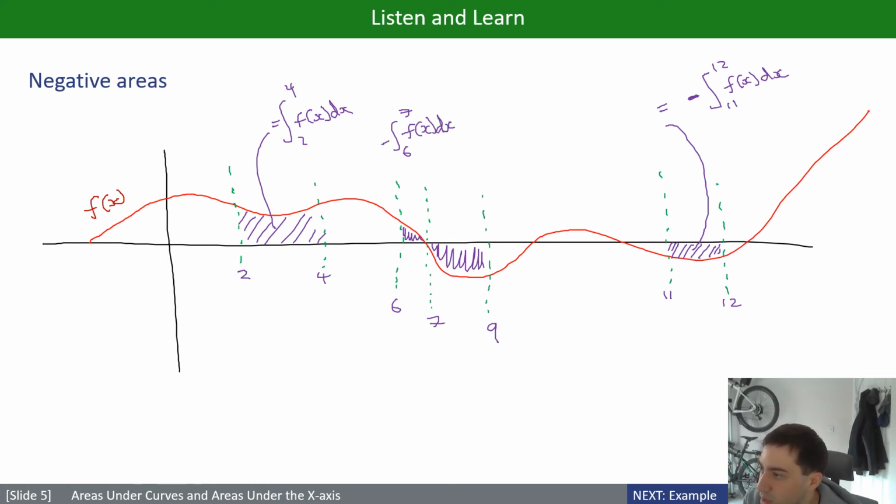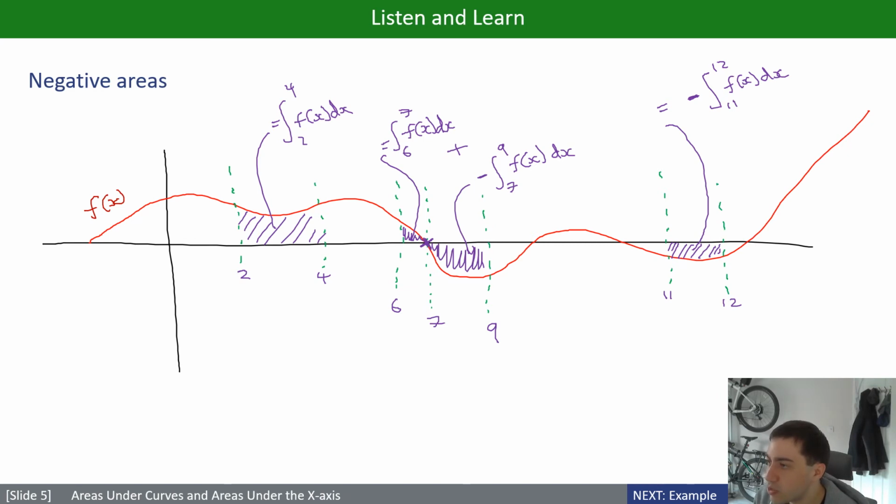That's going to give me this area, and then I would add to that the negative of taking the integral from 7 to 9, like this. So I work out the two numbers separately and then add them together, and that will give me the total area. And of course you'd have to figure out that this crossing point here probably is 7 in this case. It may not be given to you.